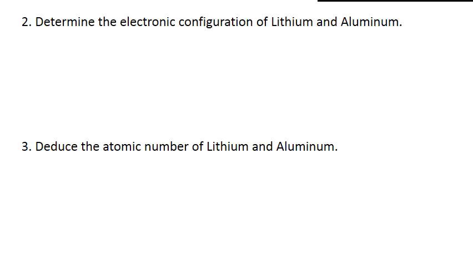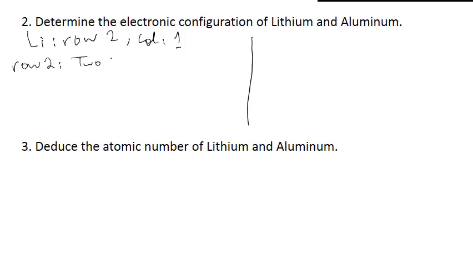Ali, determine the electronic configuration of lithium and aluminum. Now, Li in the periodic table is in row 2, column 1. So how can we find the electron configuration? For lithium, if it's in row 2, this means what?